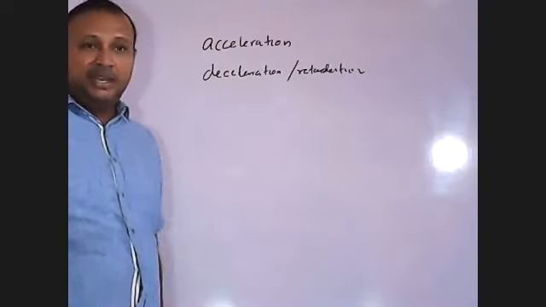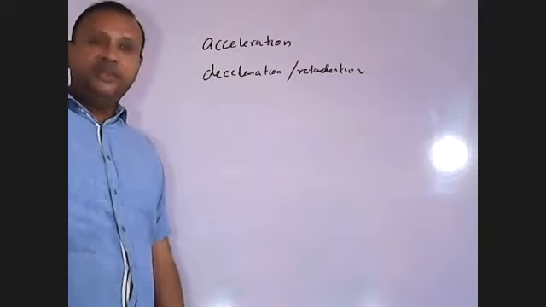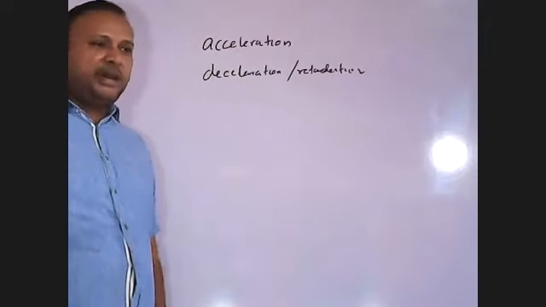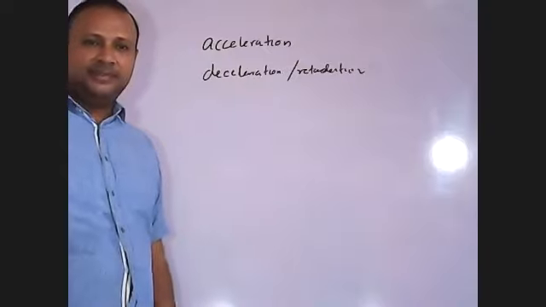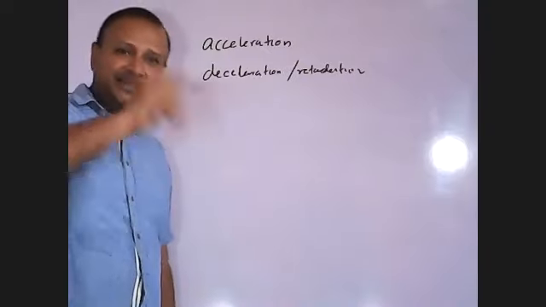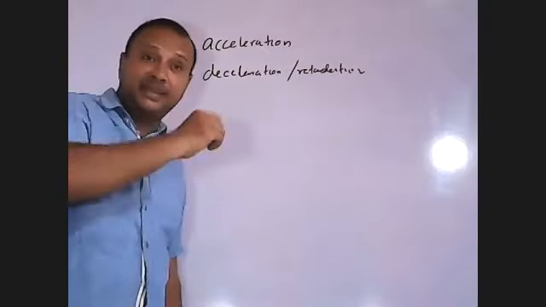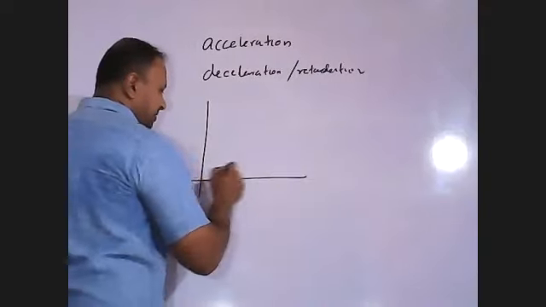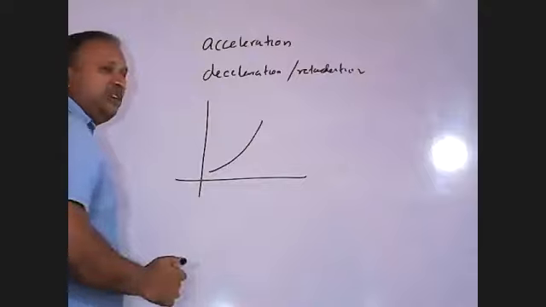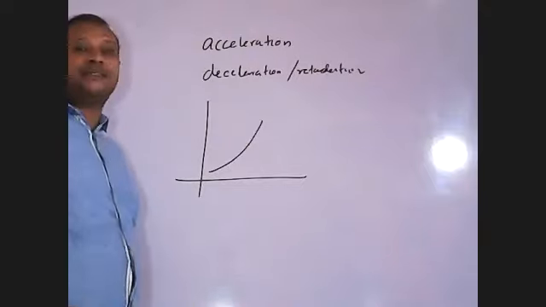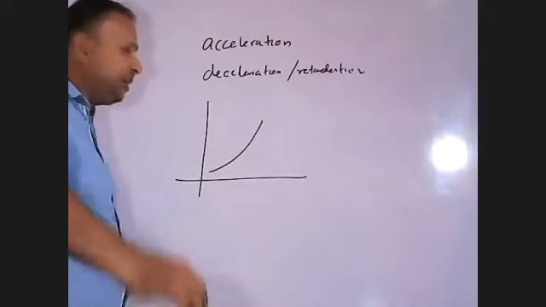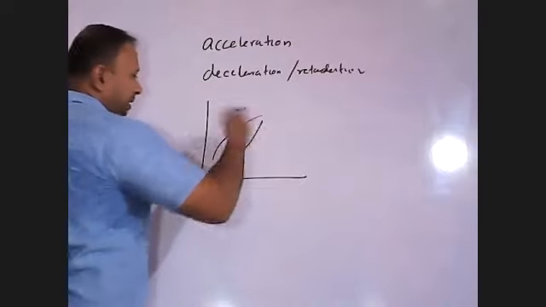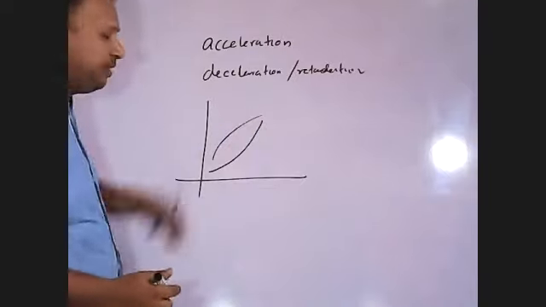But it is difficult to identify, and actually you may get it wrong. So how to identify an acceleration and a deceleration? If the velocity increases with time, it is an acceleration, no matter the way of increasing.